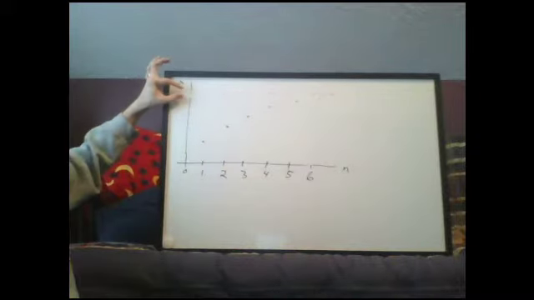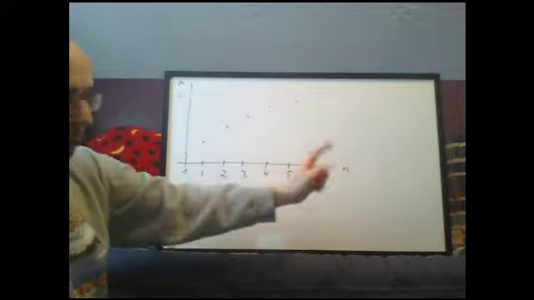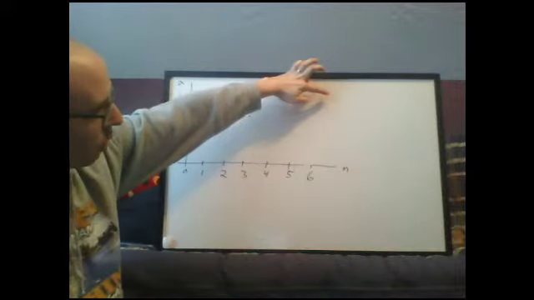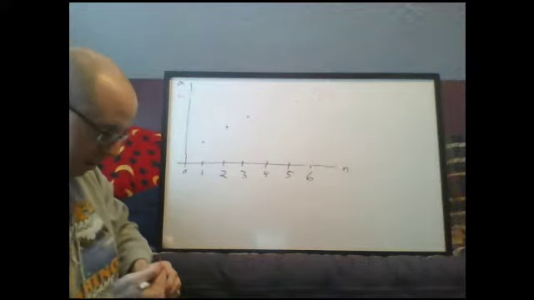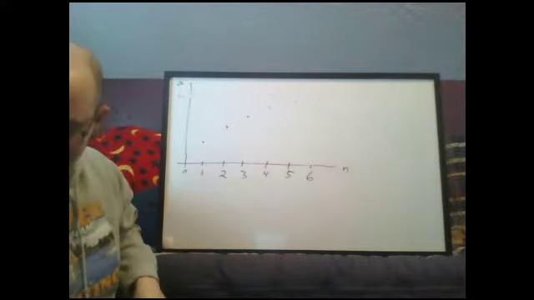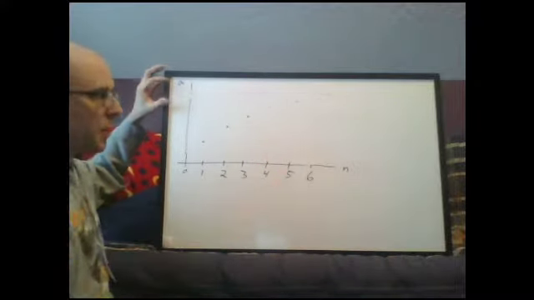And no matter how small I make it, no matter how thin I make this strip, if I go far enough out in that direction, all the dots of my sequence will be within that strip. And after a point, we never leave the strip. So if you pick a smaller strip, that just means I have to go farther out in that direction.